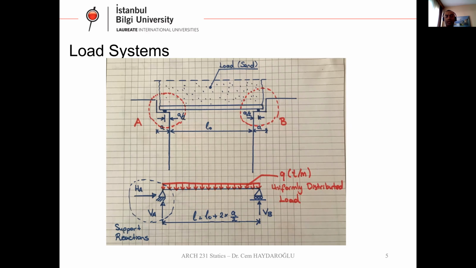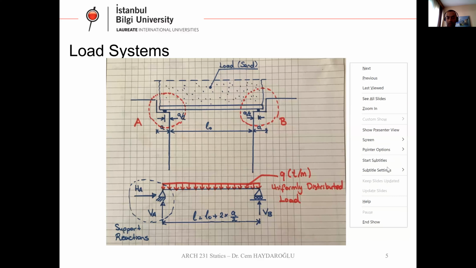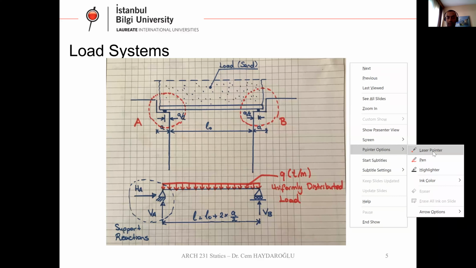Here, I'm going to give you an example from a real life project, and then how we see this real problem in our calculations. I would like to show it. I'm going to change the pointer.